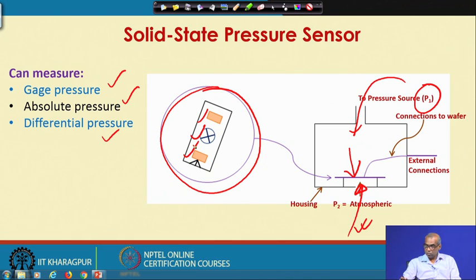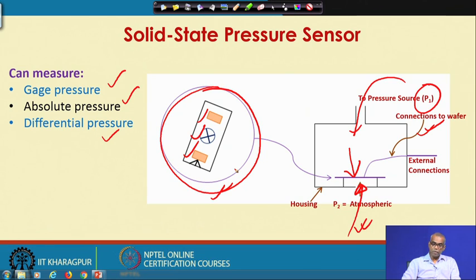So, this is electrical connections to wafer. So, as we apply pressure P 1 from here, you apply pressure P 2 from here, the wafer undergoes deflection because of the difference of these two pressures.